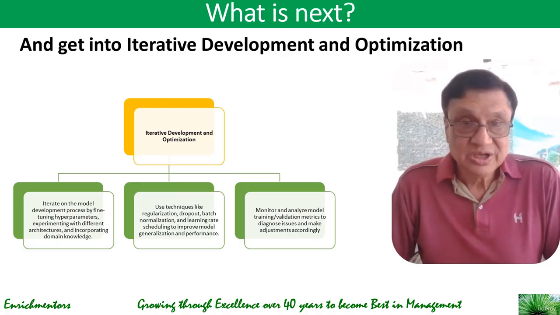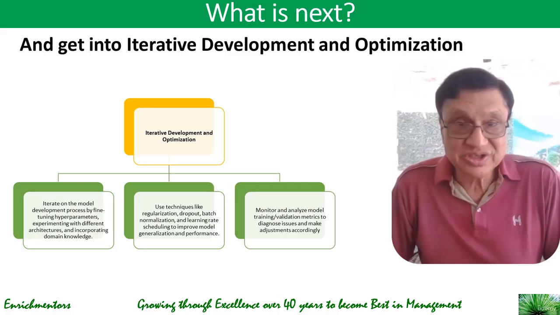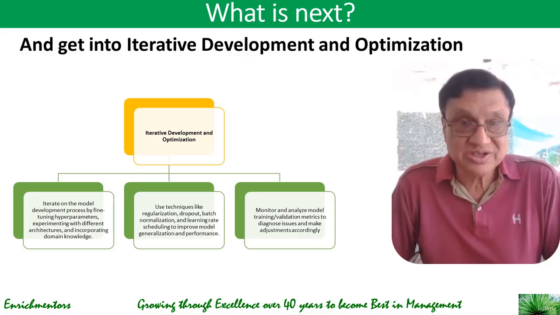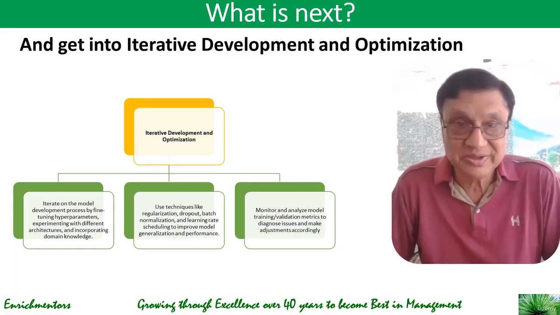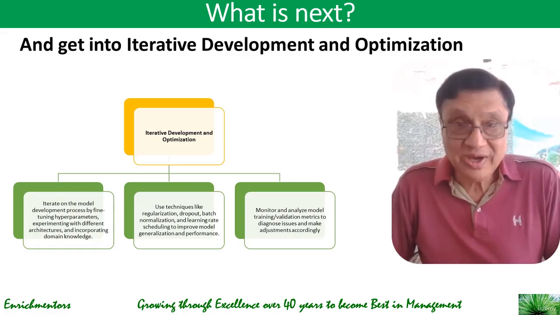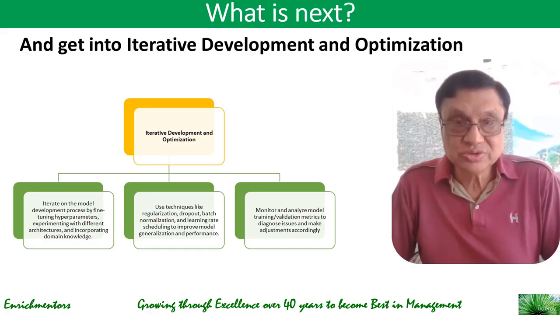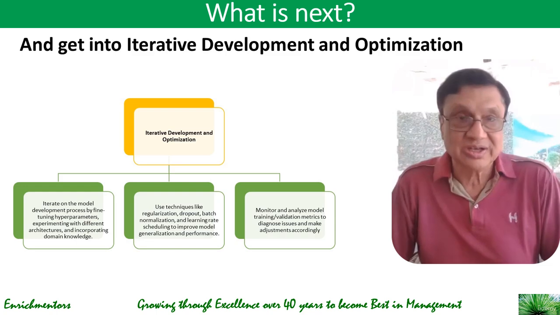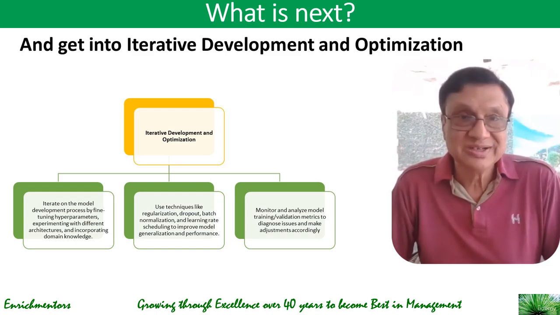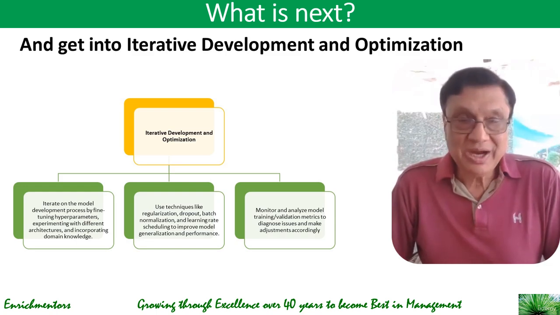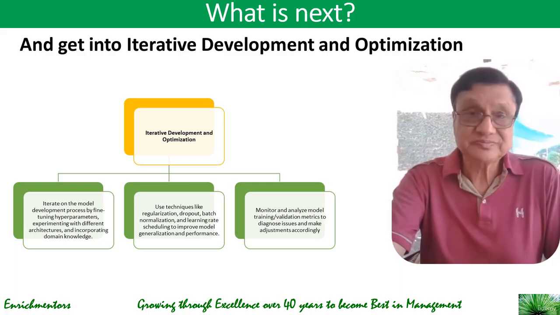Then we will look at techniques like regularization, dropouts, batch normalization, and learning rate scheduling to improve model generalization and performance. And finally, monitor and analyze model training and validation metrics to diagnose issues and make adjustments accordingly. It's going to be a longish part of this course, and we will go forward with this.